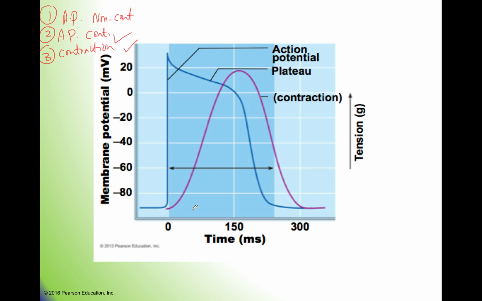Following the red line, you see that the muscle of the heart is contracting during the plateau phase, and as you start to repolarize your contractile muscles, your muscle contraction is also coming to an end. That represents ventricular contraction of the myocardium as a result of the action potential of the contractile cells.